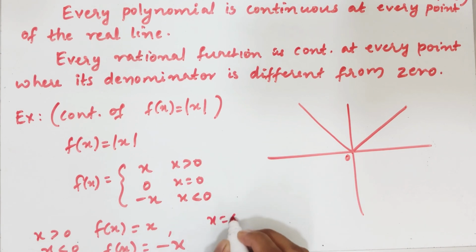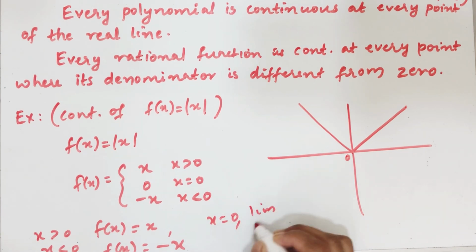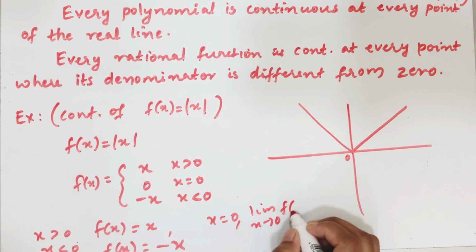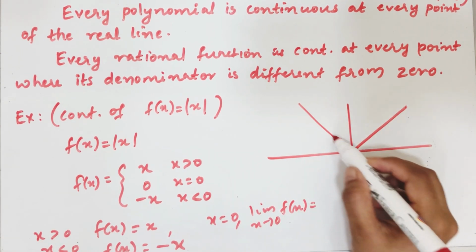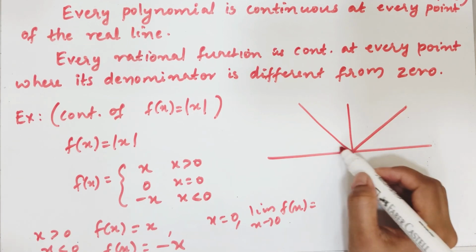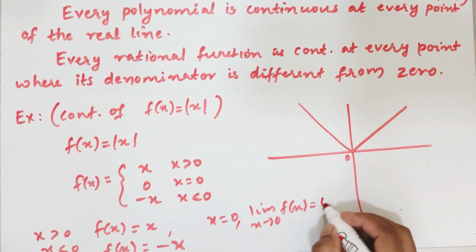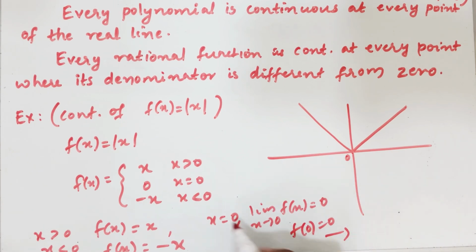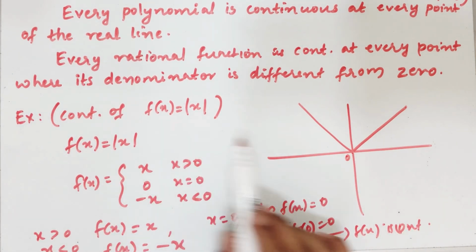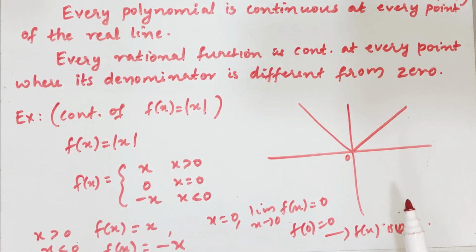At x equal to 0, limit x tending to 0 of f of x: when x is tending to 0, the function f of x is also tending to 0. And f of 0 is also equal to 0, that is, the limit is equal to the function value. Therefore, at x equal to 0, f of x is continuous. So, we can say that f of x equal to mod x is continuous at every point.